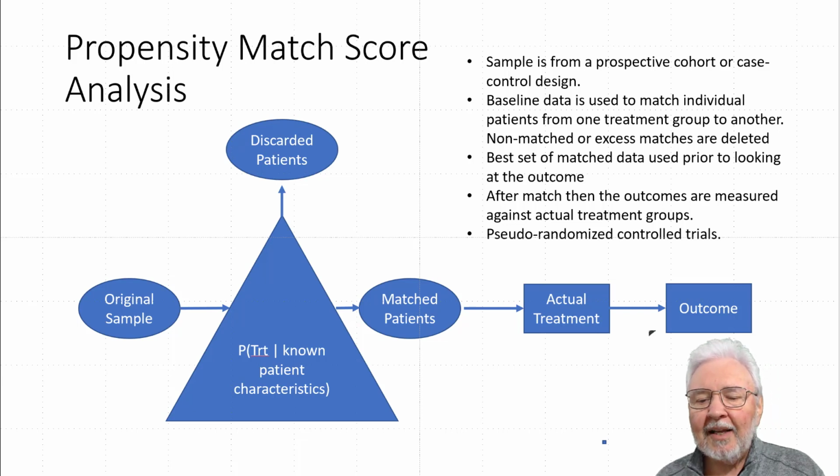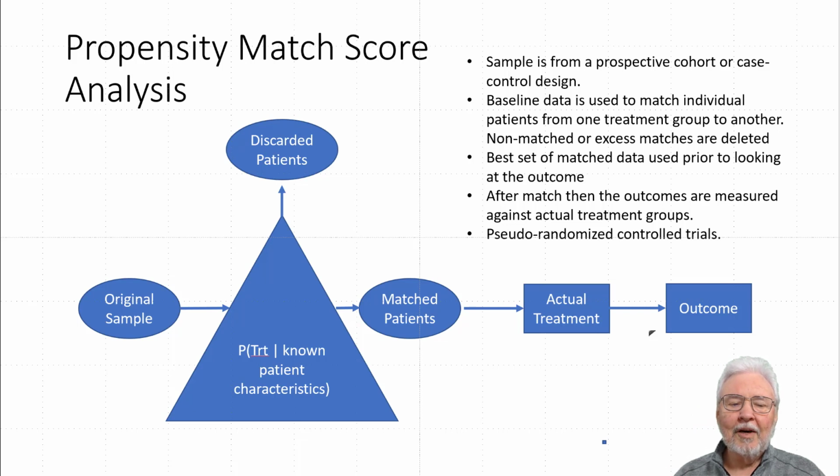So we end up with a test of matched patients, and then we have whether they were aspheric or spheric, and then we look to see if there was a difference in the outcome variable of axial length after 5 years. Turned out there was a big difference. Aspheric lenses were much better at this. So that's propensity analysis.